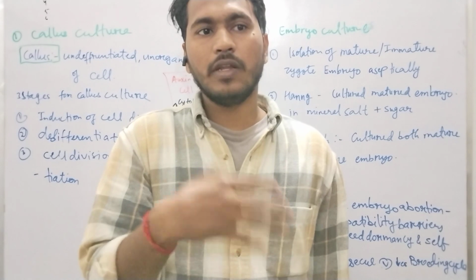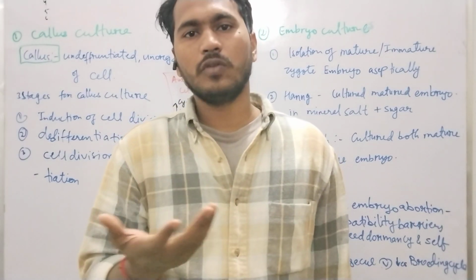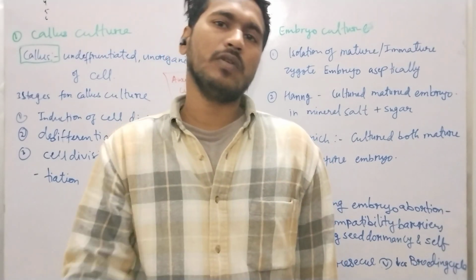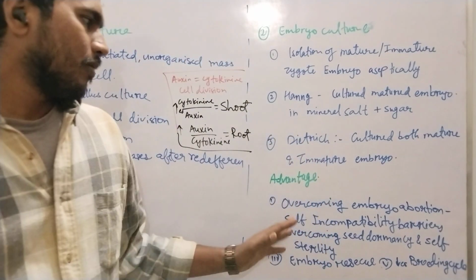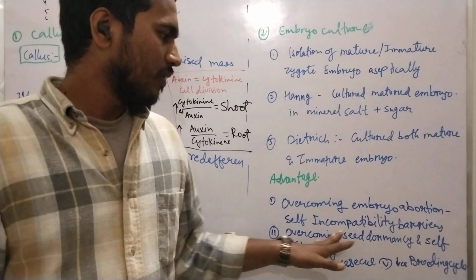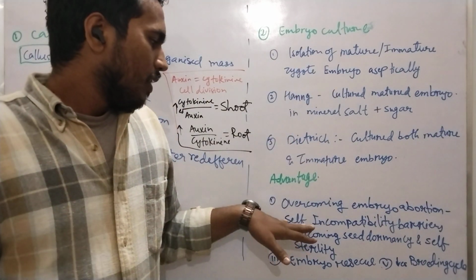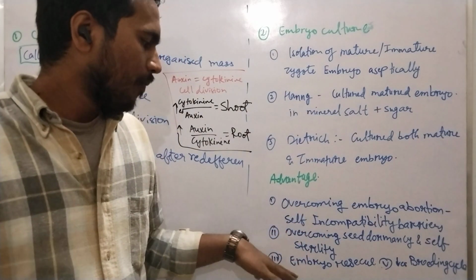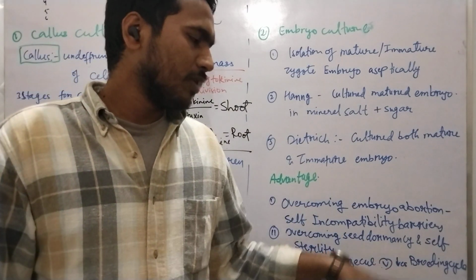Okay, so an inviable embryo which is not able to grow and mature into a seed, we will try to induce that type of embryo into a complete proper seed. Okay, so for overcoming embryo abortion in self-incompatibility, these are the advantages of why we are using embryo culture. And then overcoming seed dormancy and self-sterility, embryo rescue, and decreasing the breeding cycle.